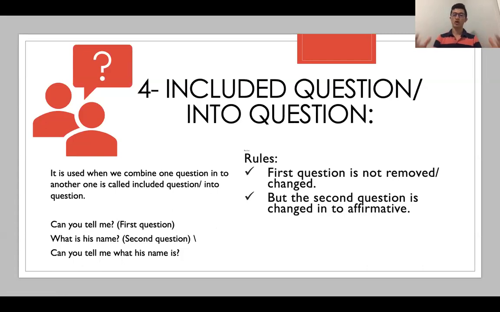Now what are the rules for making an included question? Just two simple rules. First, the first question is not removed or changed. The first part of the question remains in the same formula that it should be, like interrogative sentences, like can you tell me, do you know, something like these questions. But the second question is changed to affirmative or positive. Look at these examples again.